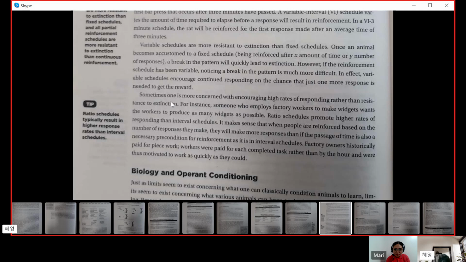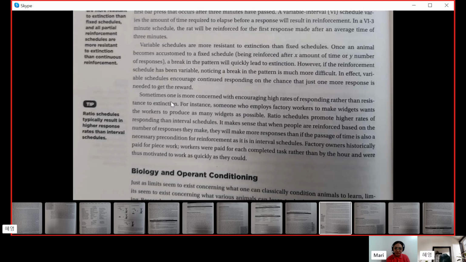Sometimes one is more concerned with encouraging high rates of responding rather than resistance to extinction. For instance, someone who employs factory workers to make widgets wants the workers to produce as many widgets as possible. Ratio schedules promote higher rates of responding than interval schedules.